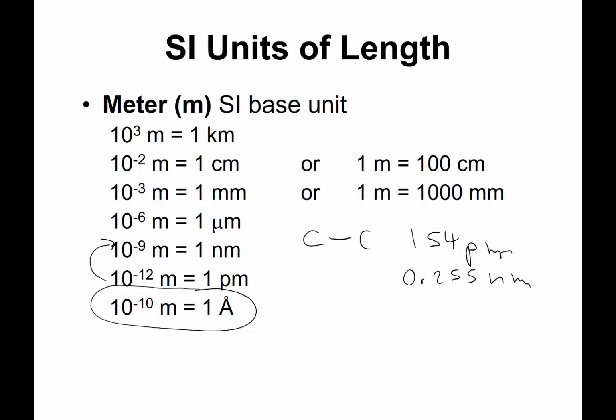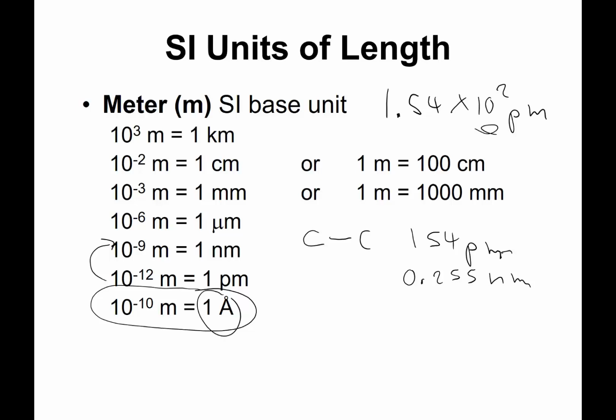But as you know, when we convert to scientific notation, scientists would like to have 1.54 and then have it times something, right? So we could call this 1.54 times 10 to the 2 picometers, which is fine, but we don't really like this prefix either. So we'd like to have a unit, and that's where the angstrom comes in.